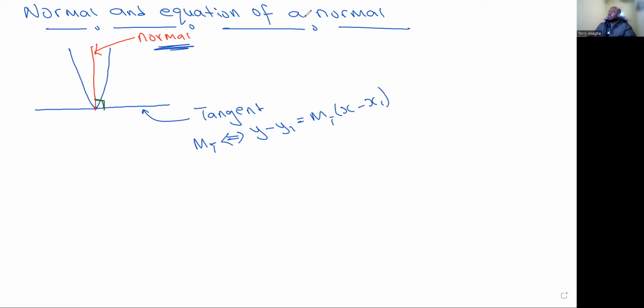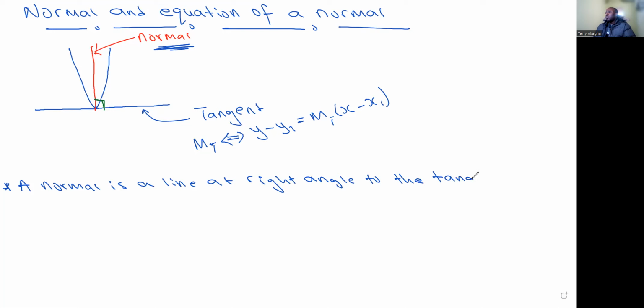So I'm going to write it down so that for those that are writing, we know what I just said. A normal is a line at right angles to the tangent, crossing the same point on the curve.